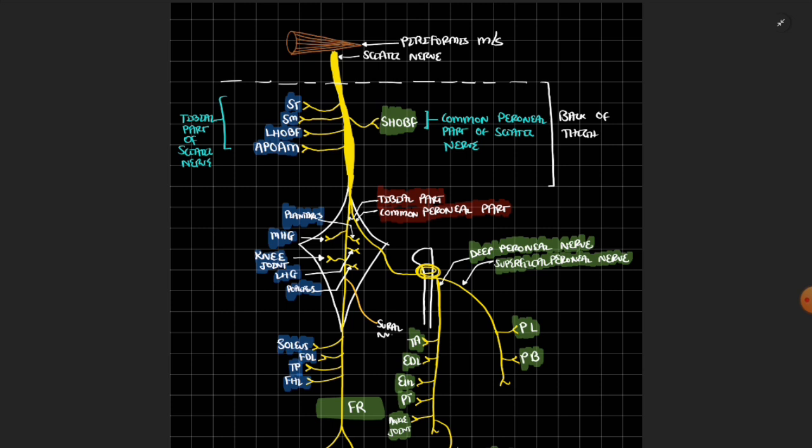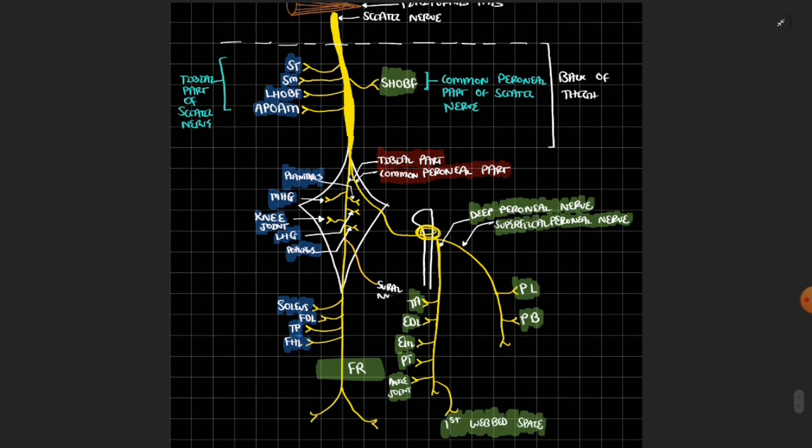The anterior compartment of the leg is supplied by the deep peroneal nerve. The common peroneal nerve winds on the neck of the fibula and divides into the deep and superficial peroneal nerves. The deep peroneal nerve supplies the anterior compartment and the superficial peroneal nerve supplies the lateral compartment of the leg.